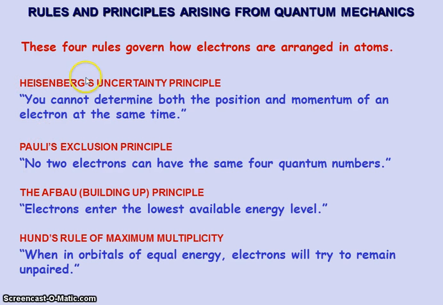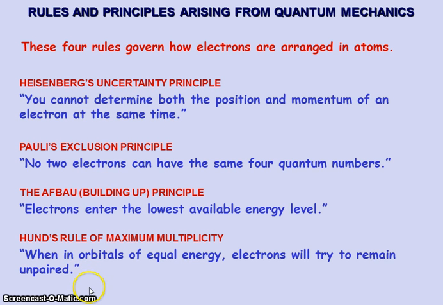So the first two rules give us our definition of what an orbital is. The third principle, the Aufbau principle, tells us we must put electrons in the lowest available energy level, and Hund's rule says that when in orbitals of equal energy, electrons will try to remain unpaired.